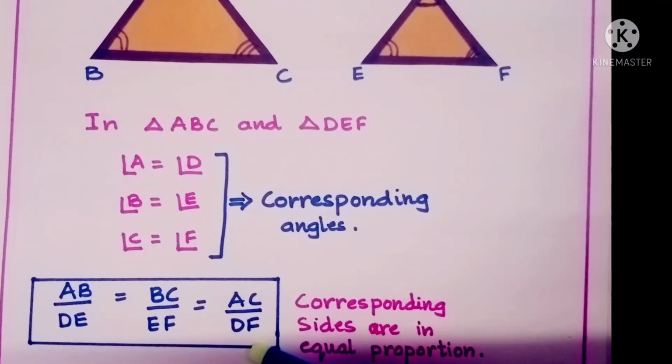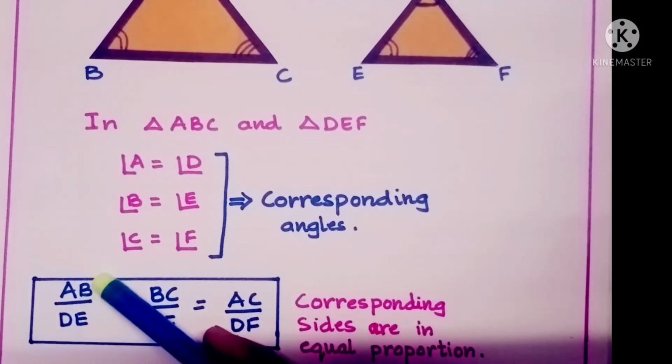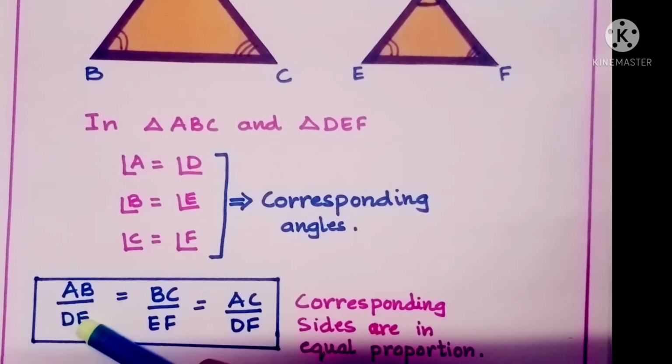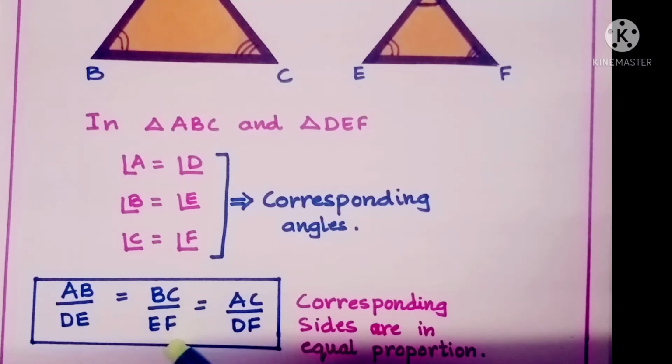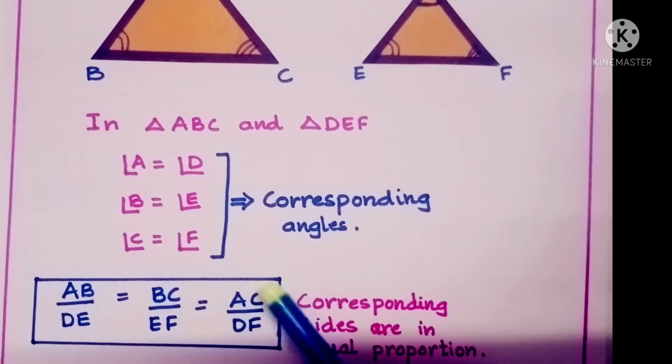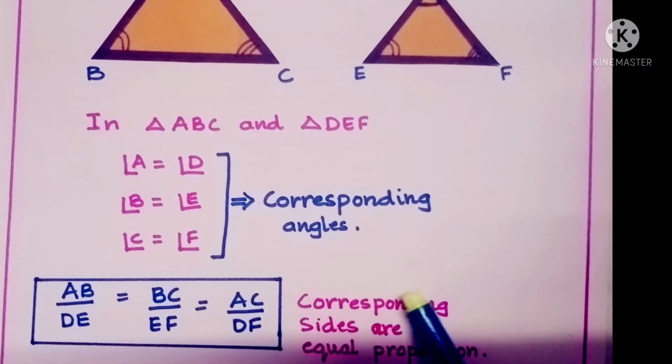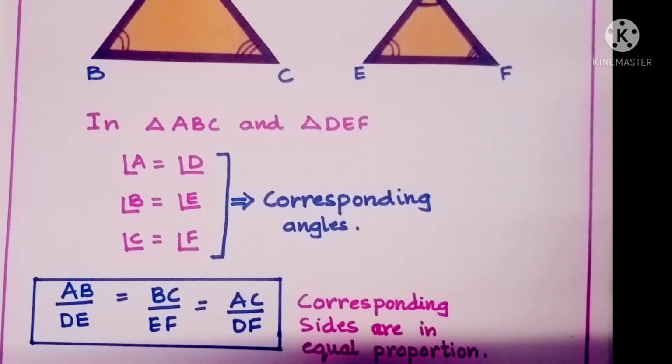These are the corresponding sides. AB by DE is equal to BC by EF, which is equal to AC by DF. So we say that corresponding sides are in equal proportion.